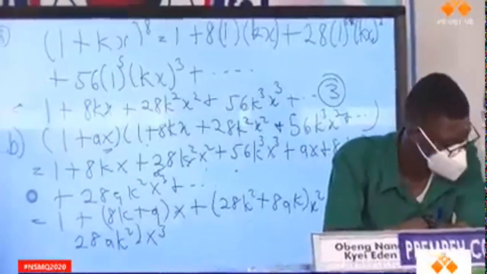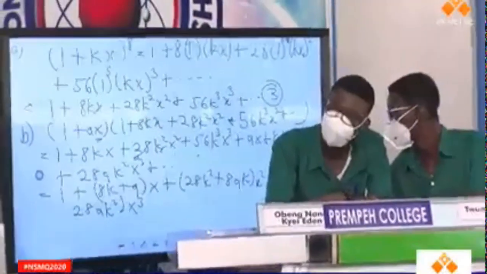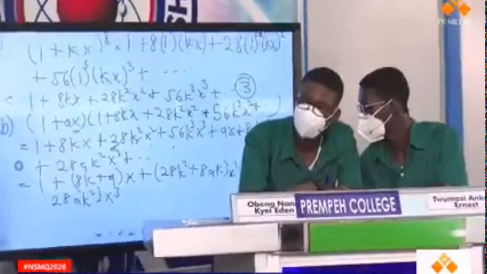Then B, finding the coefficients, they have to equate the coefficients, so then they find the k and a.